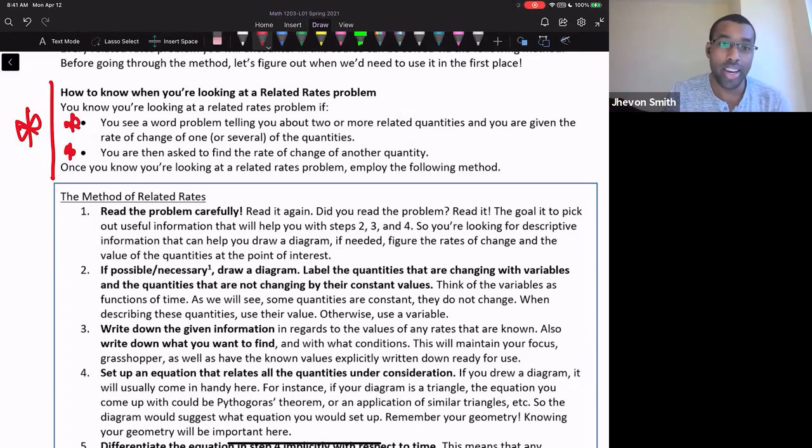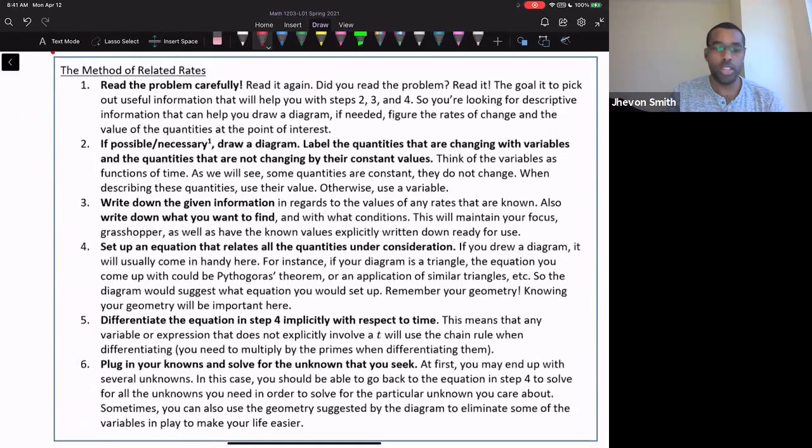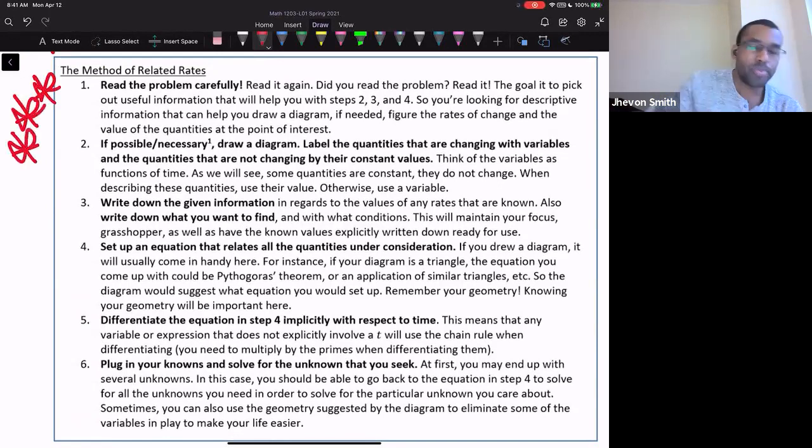Now, the moment you recognize it's a related rates problem, there are 6 steps for you to go through to solve such a problem. And these 6 steps are important. Muy importante. And of course, by the time a test or a quiz comes around, I will expect you to have memorized these steps.